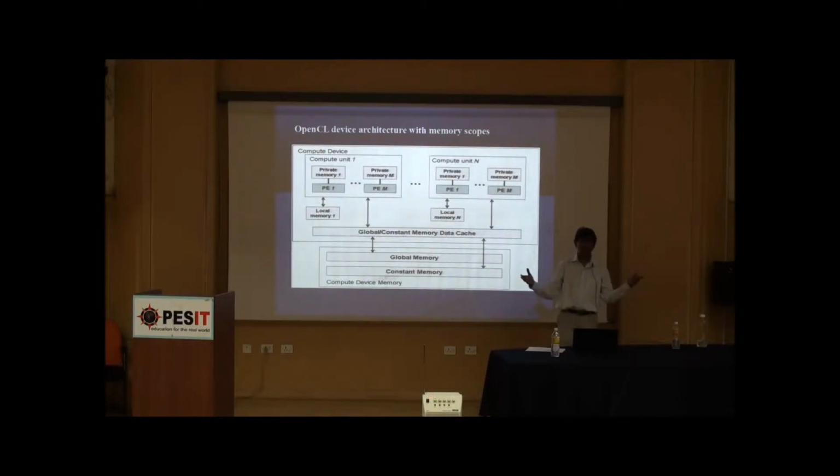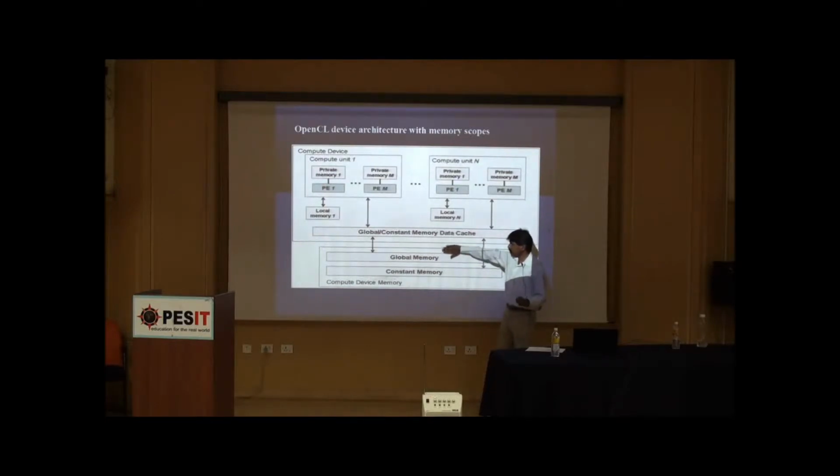In a high-end graphics card, you can get 2 GB or 4 GB of RAM packed in. That RAM you can call the global memory for that compute device. So you have one full-fledged global memory which is accessible to the compute device.